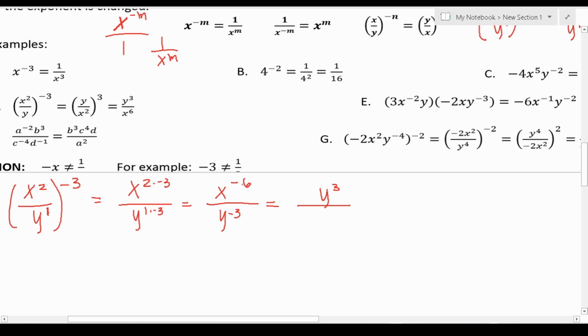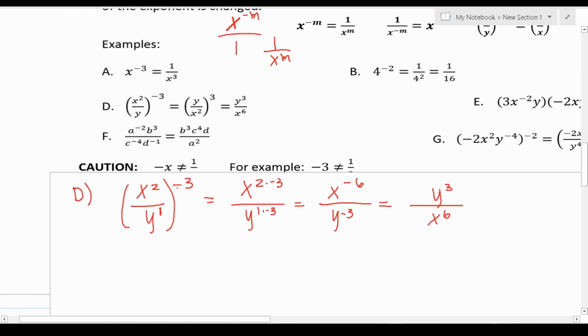And to make x to the negative 6 positive, we're going to have to drop it down across the fraction bar, where it's going to become x to the 6th. Okay, so in this case, we had to apply first the expanded power rule, then the power rule, and then we had to address the negative powers.